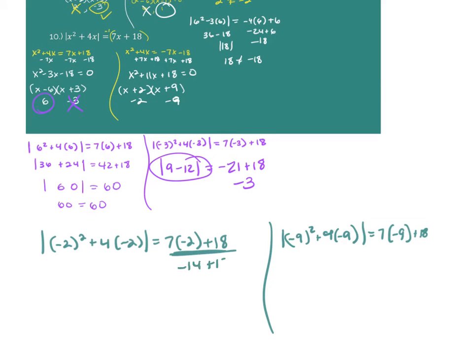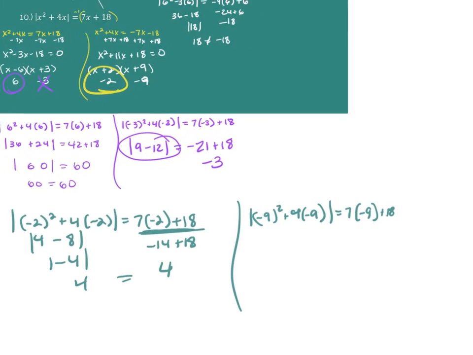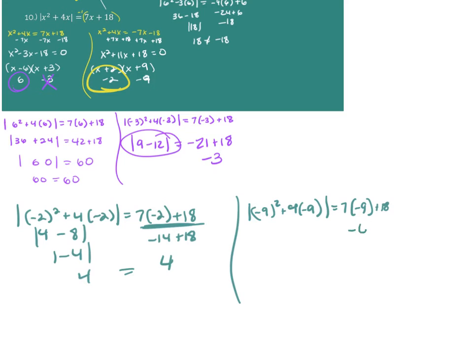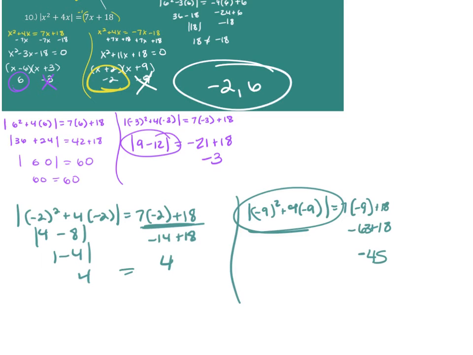Negative 14 plus 18. Okay, not negative, so now go here. 4 minus 8, absolute value of negative 4, which is 4. That one works. Now the negative 9 one. Negative 63 plus 18 is going to give me a negative 45. This cannot equal negative 45. So I rule out the negative 9 and I keep negative 2 and 6.